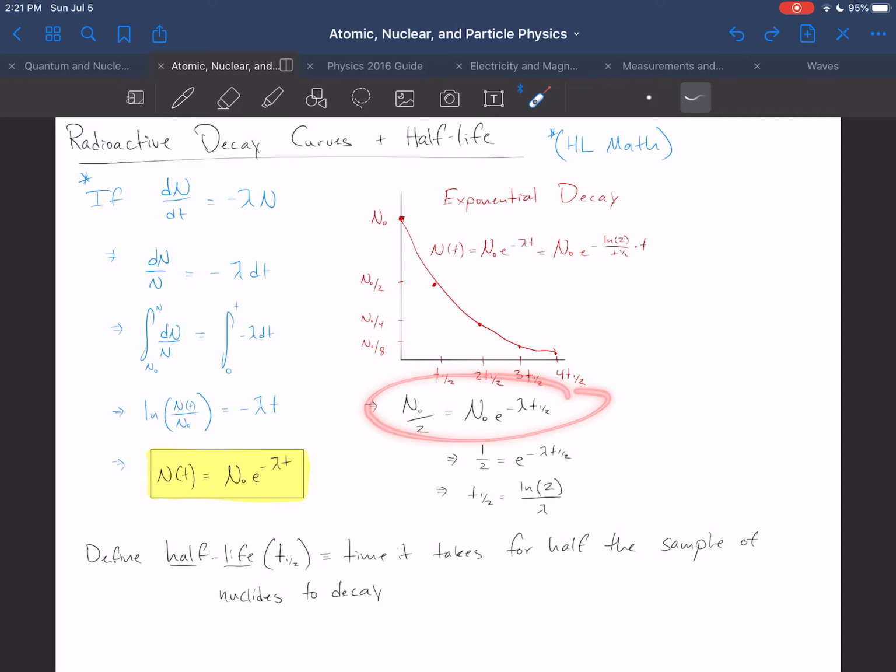So this is independent of the number of nuclei. I can cancel out N naught, and so I get 1/2 equals e to the negative lambda t sub 1/2.